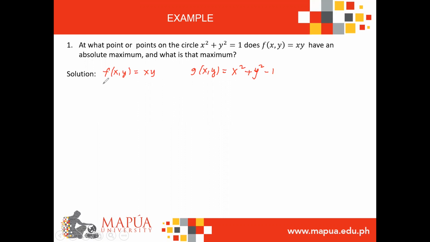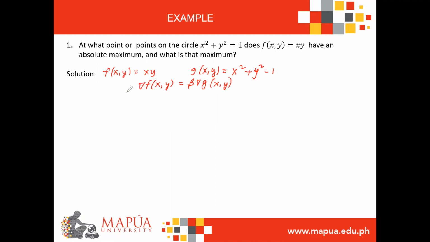So what we will do is to find the gradient f evaluated at xy equals beta times gradient g evaluated at xy.